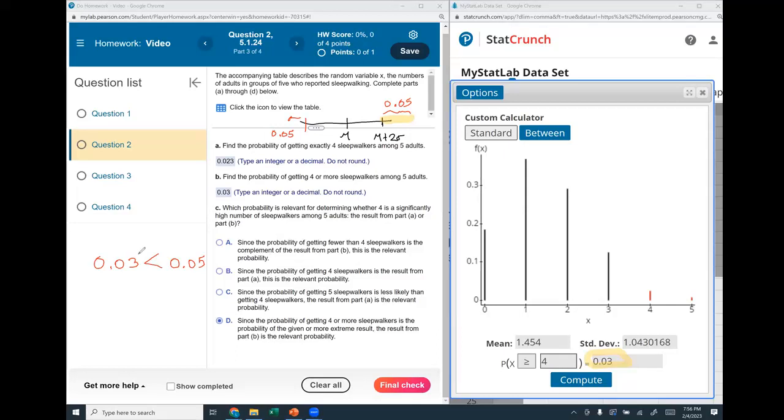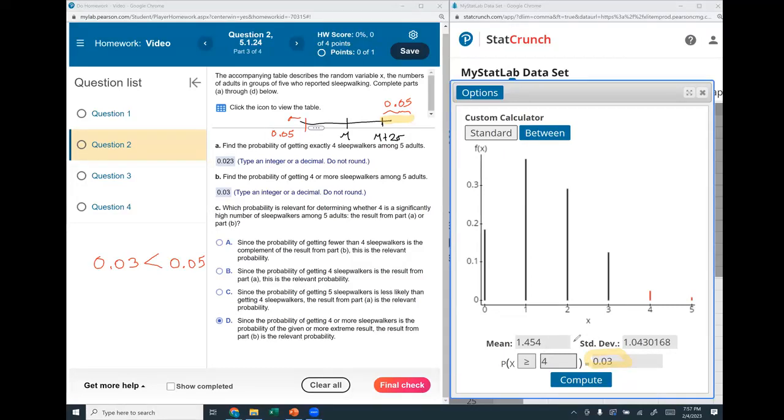Since the probability of getting fewer than 4 sleepwalkers is the complement of the results, this is the relevant probability. No, it has nothing to do with the complement. Since the probability of getting 4 sleepwalkers is the result from part A, this is the relevant probability. Well, that's true, but I really want to know where my stop point is. And if I look at greater than or equal to 4, I'm still getting less than 0.05.